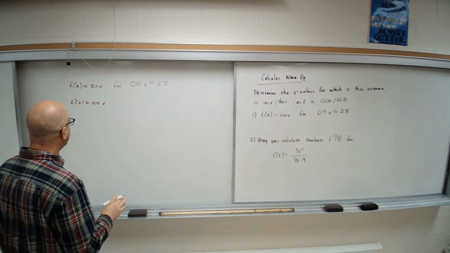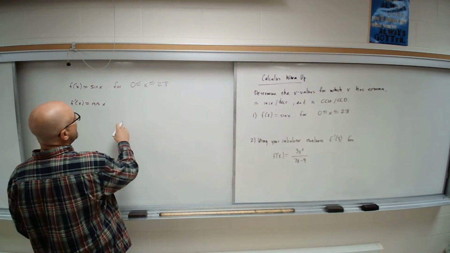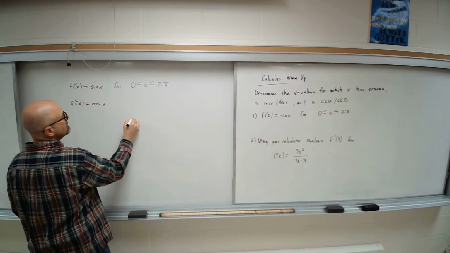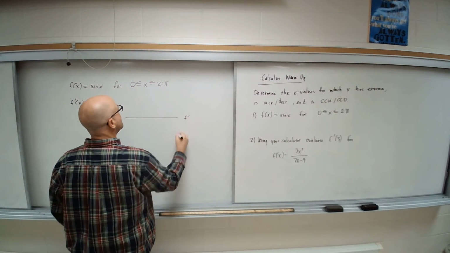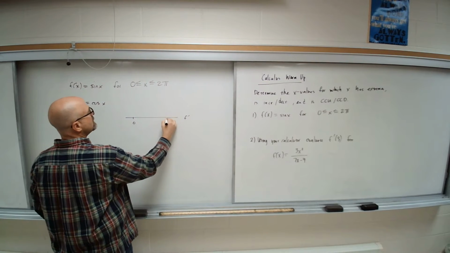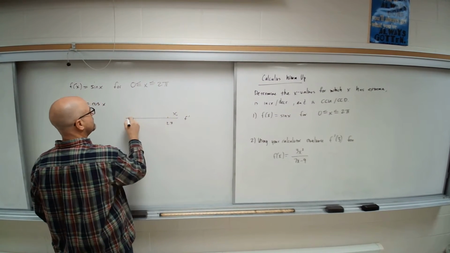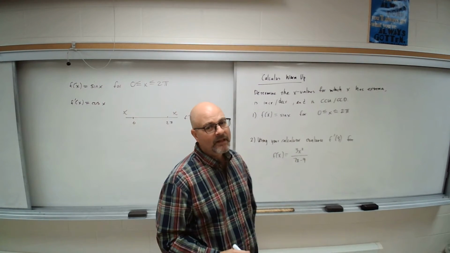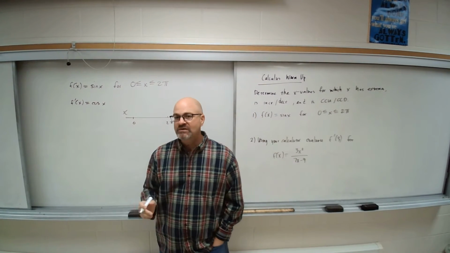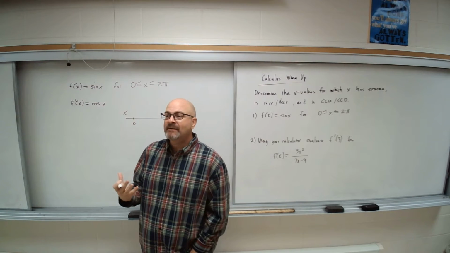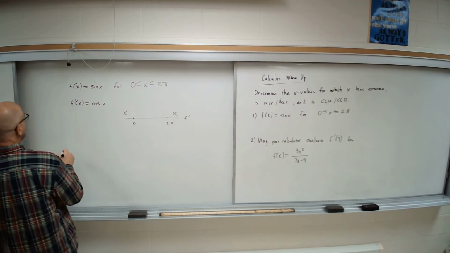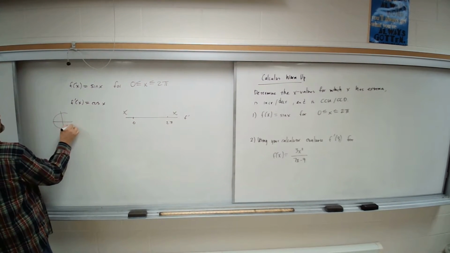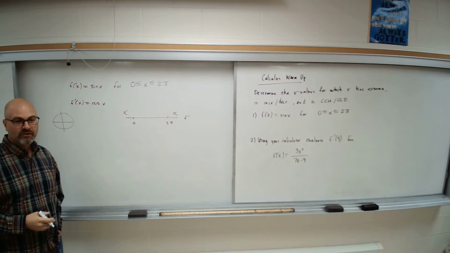So that's a thing. But we know that between 0 and 2 pi, so we have 0 and we have 2 pi. I'm going to go ahead and exit out of that because we don't need that to happen. But if we think about when the cosine is equal to 0, I just think back to the unit circle. And on the unit circle, the cosine is the x value, correct?